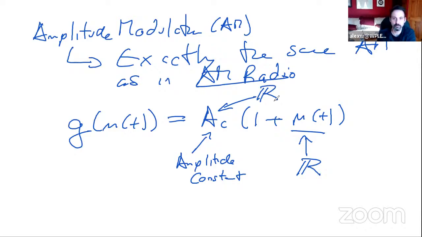What we're effectively doing here is adding 1 to your message. This is important because I'm creating a DC bias, a constant added to m(t), which is some time-varying function. I'm essentially raising all voltage levels of m(t) by 1. Let's look at it.